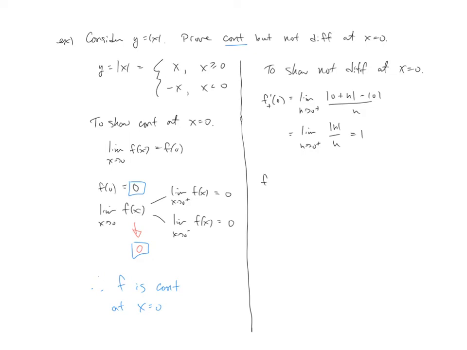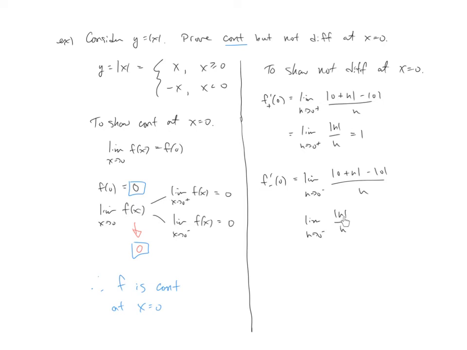Now, in terms of the left-hand derivative, we've got this limit as h goes to 0 from the left, absolute value of 0 plus h minus absolute value of 0 all over h. And as you probably suspected, it's pretty much going to the same spot in terms of what the function is. However, because now we're coming in from the left, we're going to be having negative values.